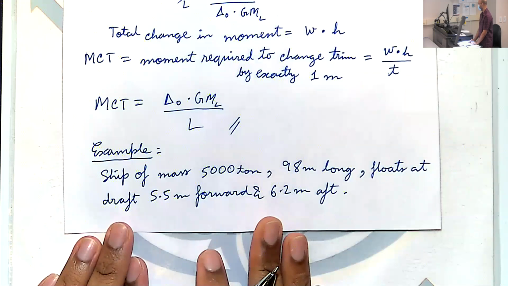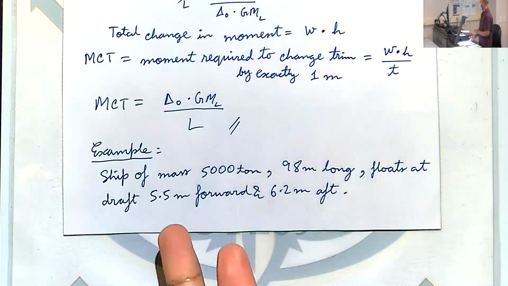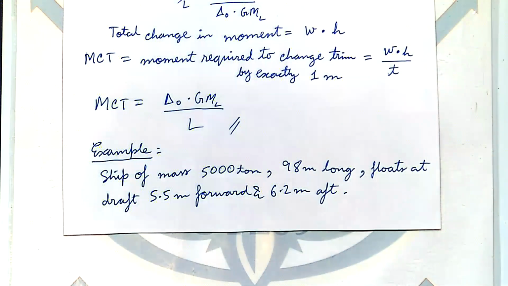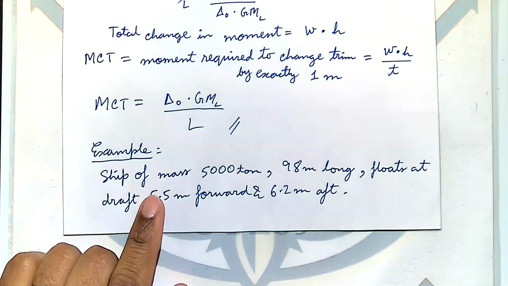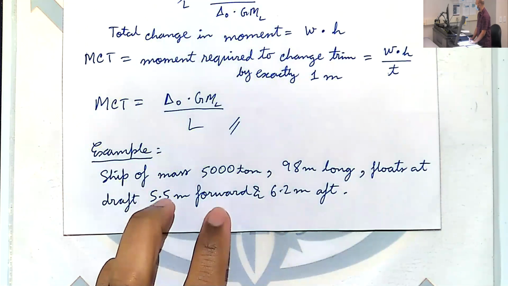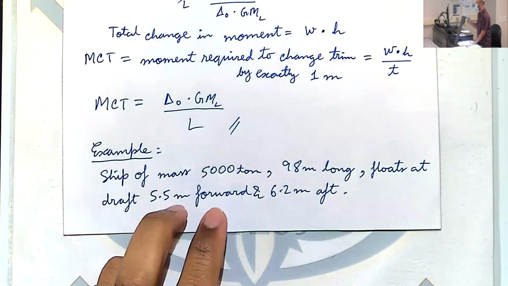Is this ship nose up or nose down? What condition is it in right now? In this particular problem, nose down, because the forward draft is shorter than the aft. Think about this: the forward draft is smaller, meaning what is the immersion level?